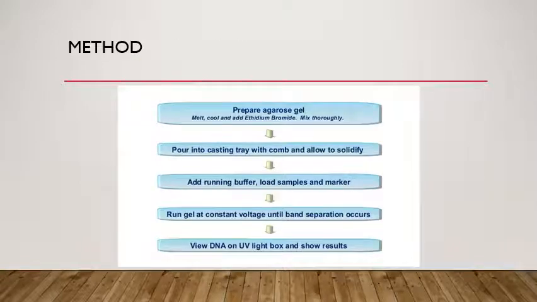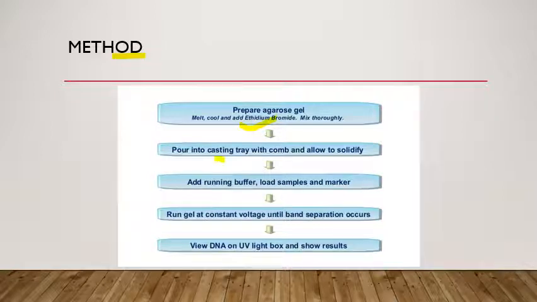What are the methods involved in the agarose gel electrophoresis technique? We have to prepare the agarose gel by adding the agarose to the buffer solution, heat it at 40 degrees centigrade, then cool it, and it is easily converted into the gel.